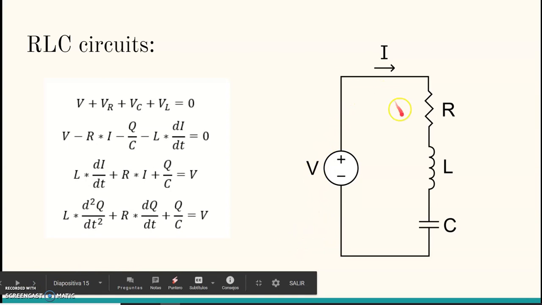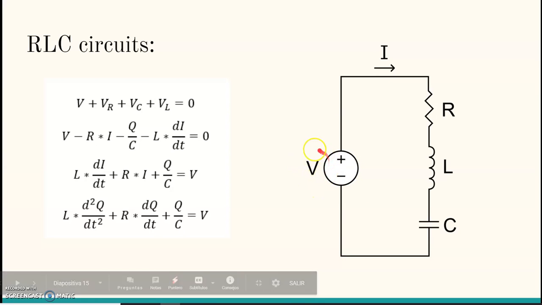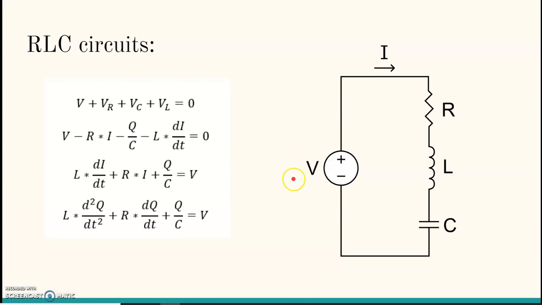Here we have an RLC circuit in series with a voltage source, and to understand the mathematical expressions for RLC circuits, I opted to use this form because it's the most basic one. By using KVL, Kirchhoff's voltage law, the voltage drops through all its components have to equal 0.